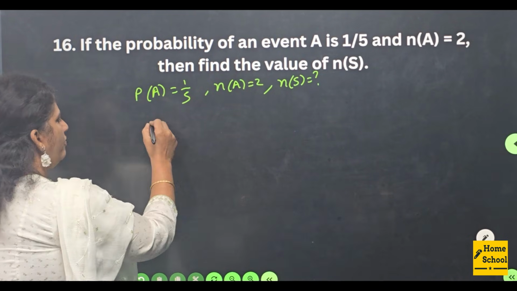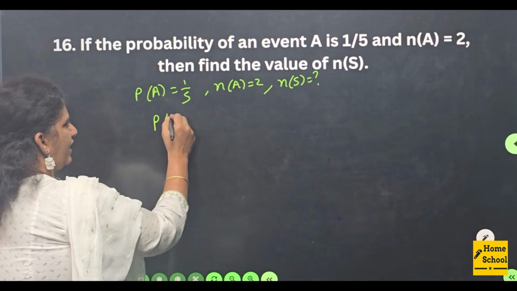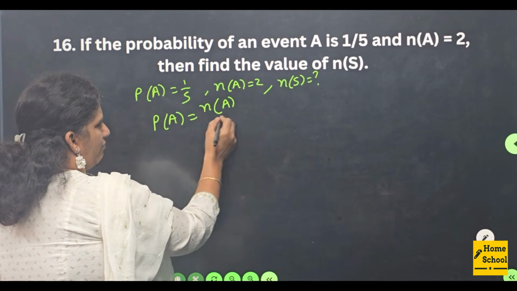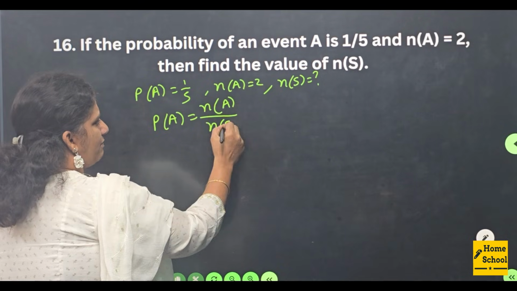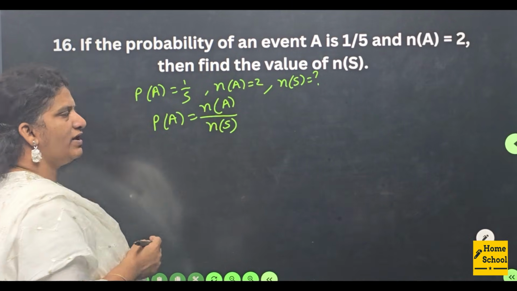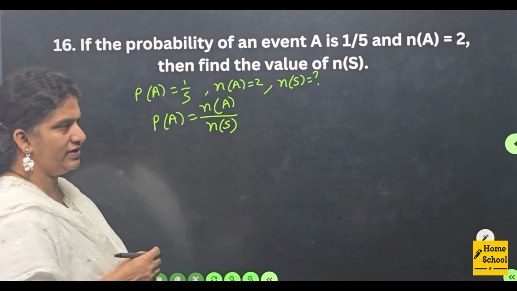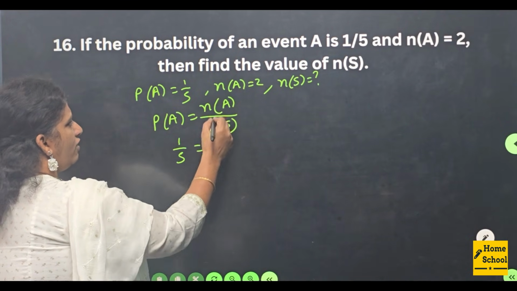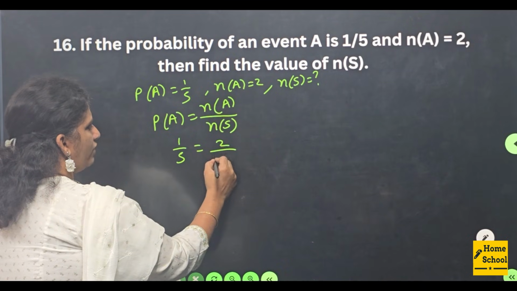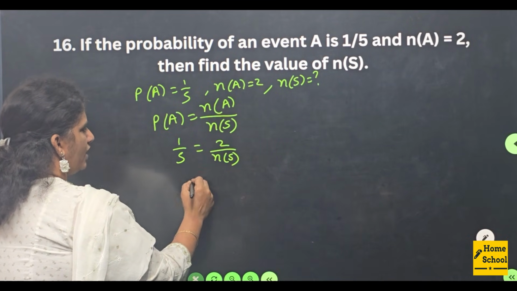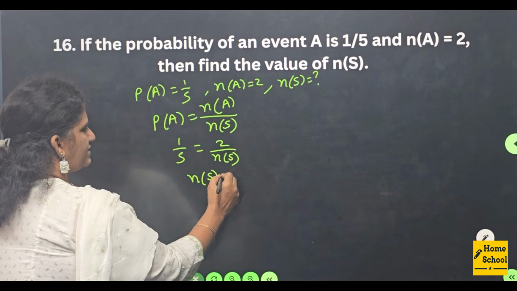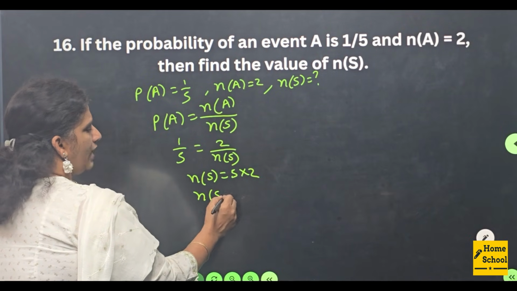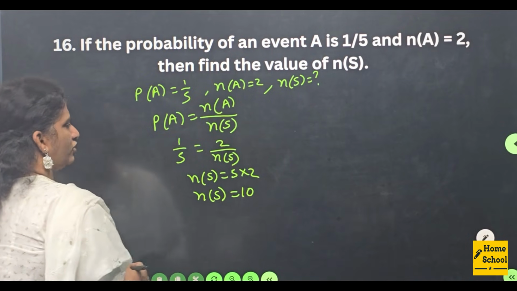We know probability of an event A means number of event A by total number of sample space, P of A is equal to n of A by n of S. Substitute P of A value is 1 by 5, n of A value is 2, we don't know n of S. Now cross multiply, n of S is equal to 5 into 2. Therefore, the total number of sample space is equal to 10.